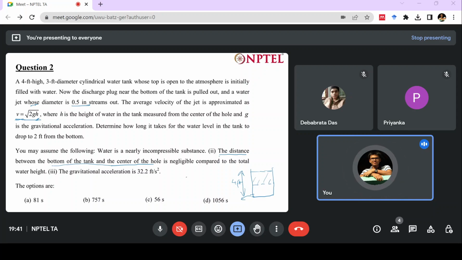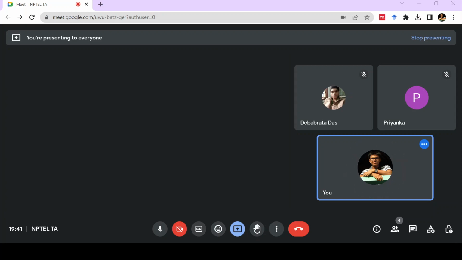So let's say at any moment of time, at any point, this height is h, and the velocity at the outlet here is v.